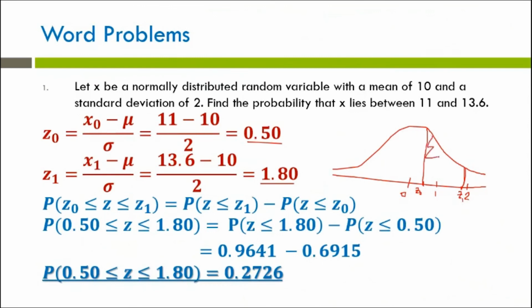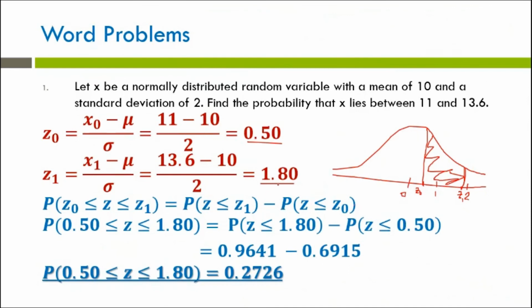So we'll have to find this area. And that area is the probability of z sub 0 less than or equal to z less than or equal to z sub 1. So we can rewrite that notation to the probability of z less than or equal to z sub 1 minus the probability of z less than or equal to z sub 0.